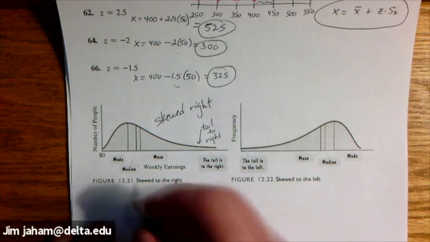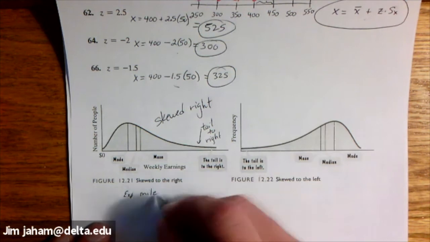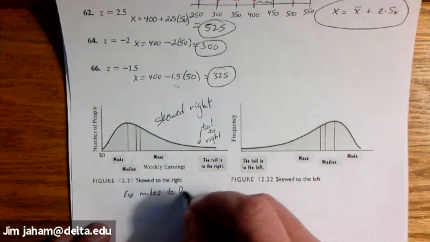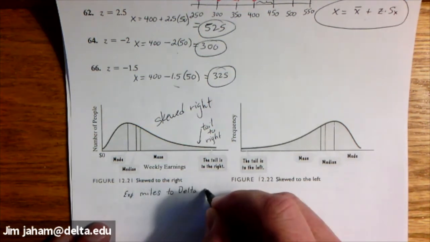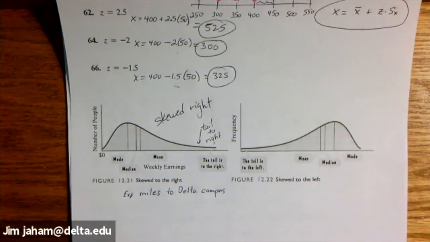Let me think of an example. When you're driving to Delta's campus, how many miles do you drive? And let's assume that we asked, say, 1,000 students that attend Delta College, how many miles does it take you to drive to campus? If you were to do that, you would find a graph that looks like this.